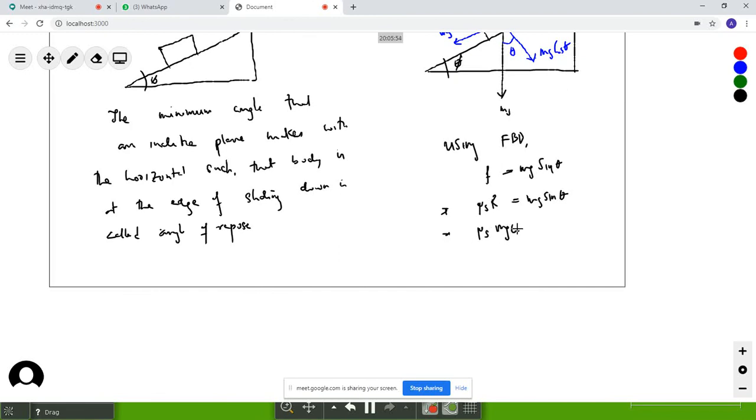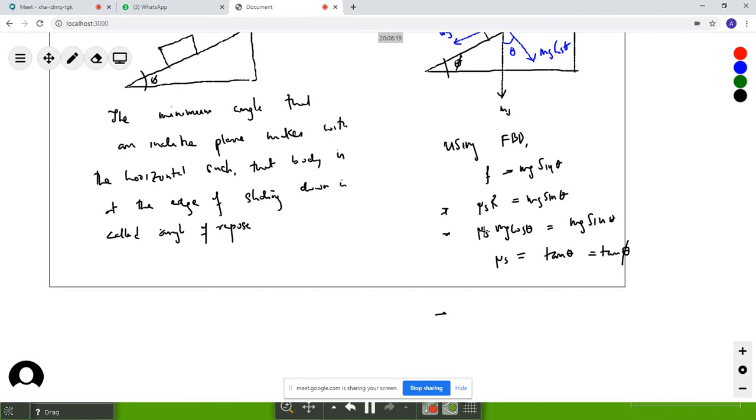Dividing them, I get mu s is equal to tan theta, right? Which is nothing but tan phi.